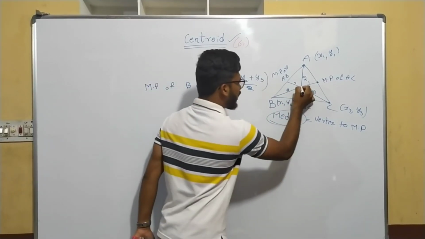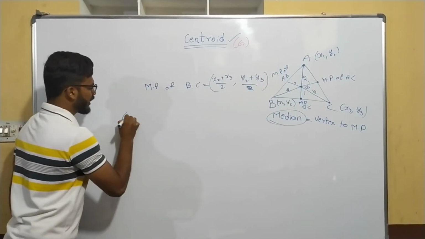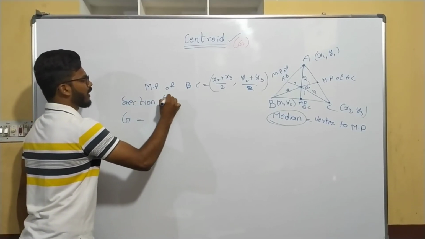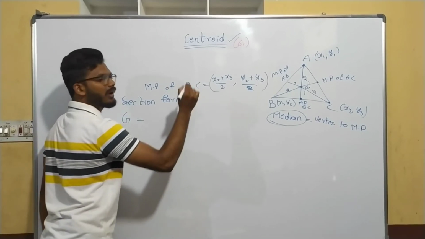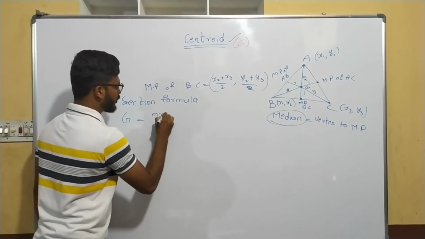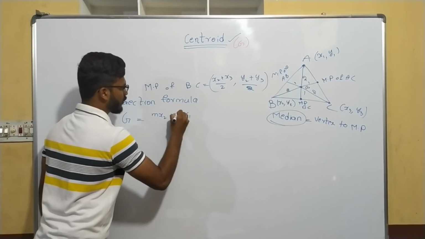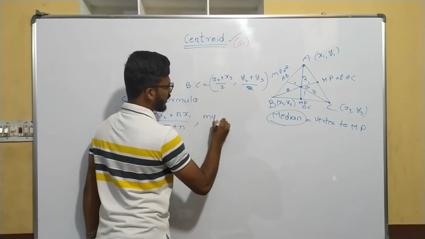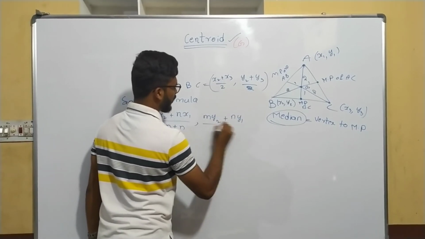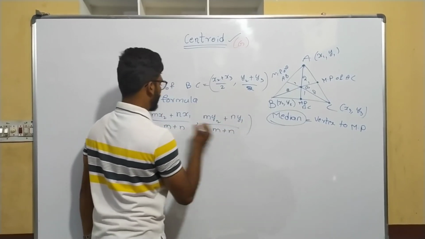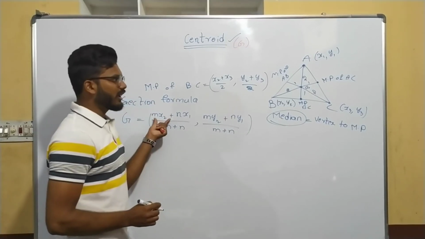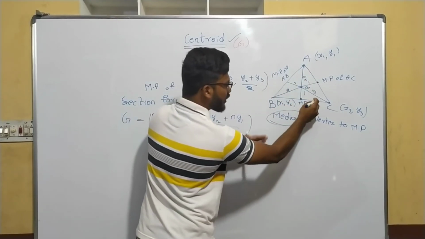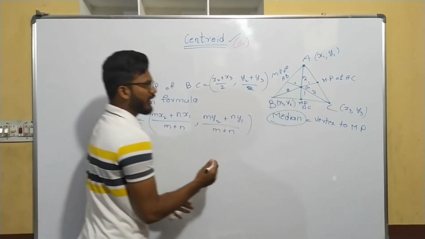Now, I want to find G. So, by using the section formula, what is it? What is the section formula? It is (mx2 plus nx1) by (m plus n) and (my2 plus ny1) by (m plus n). Now, what is x2 here? See, m is nothing but 2. x2 is the x coordinate of the midpoint, right?